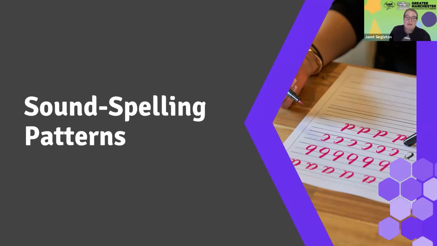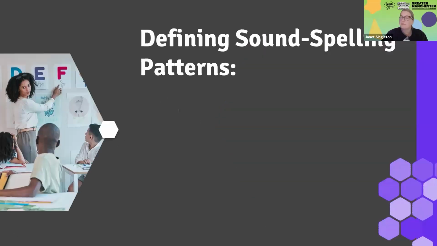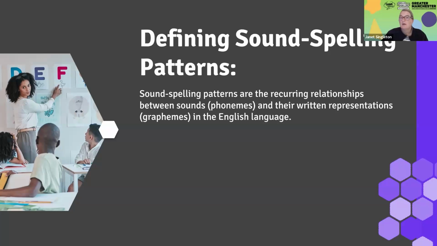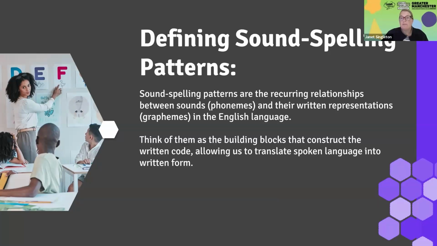Okay, so sound spelling patterns is an integral aspect of the synthetic phonics approach. The ability to recognise and understand these patterns is like deciphering the musical notes of written language. So we're going to look at some of the intricacies and the significance of sound spelling patterns. So I'll just put the slide on.